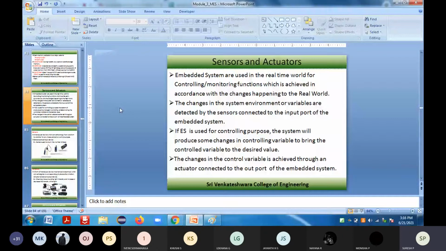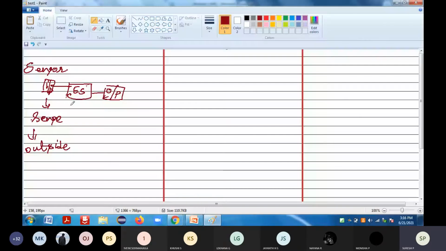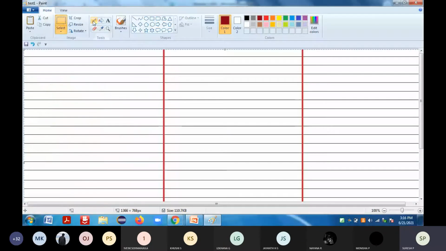Now, when you have this embedded system, typically it will have one input and one output.